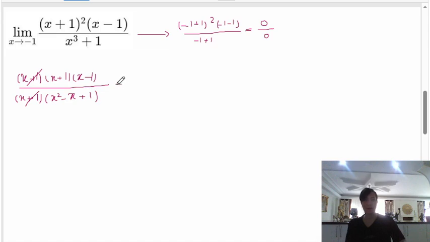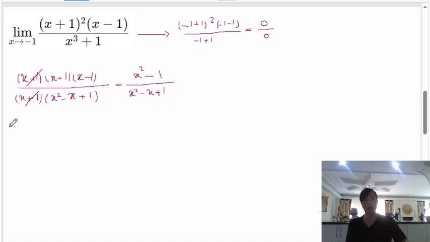So I will have, for the numerator, x squared minus 1, and here x squared minus x plus 1. I have this expression.